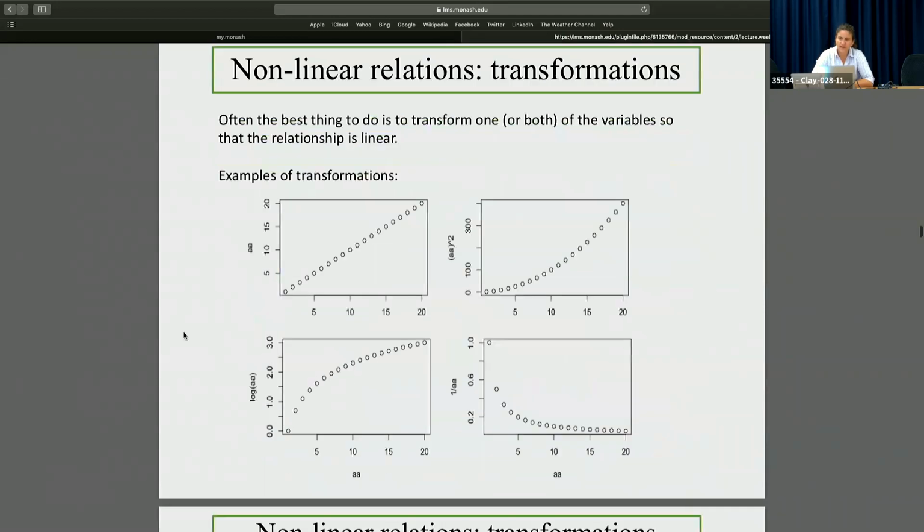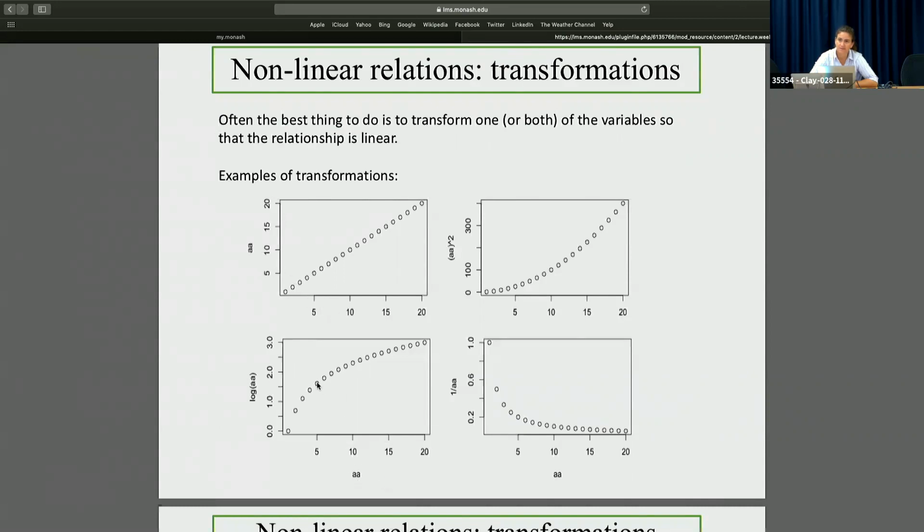So what do I do if I have nonlinear relationships? One way is to transform my data so that I can use linear regression, or I can describe it linearly, because that really is the simplest form of a relationship. So I can think about things like AA as a function of AA.